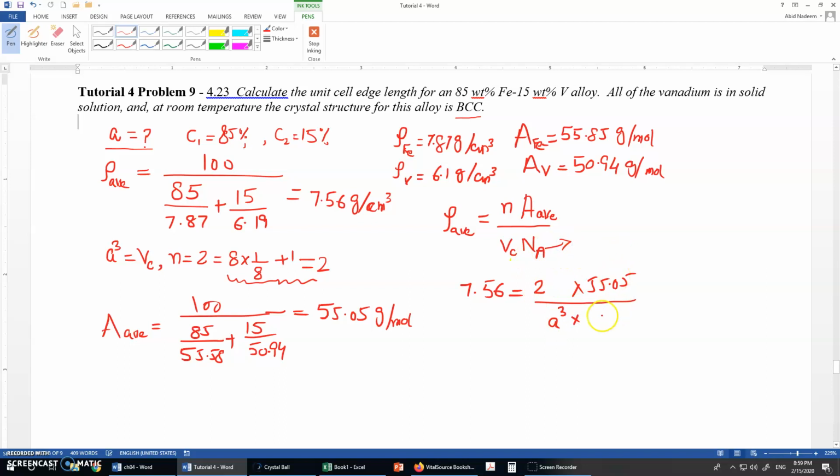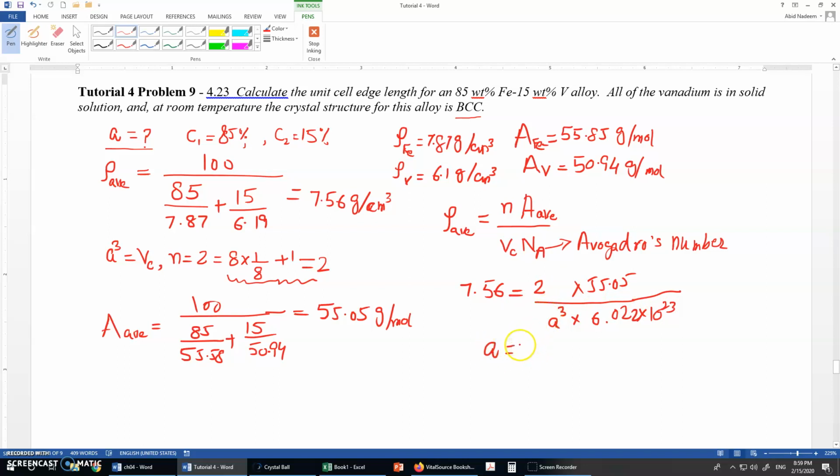Na is Avogadro's number, 6.022 times 10 to the power 23. So you can rearrange this equation and solve it for a.